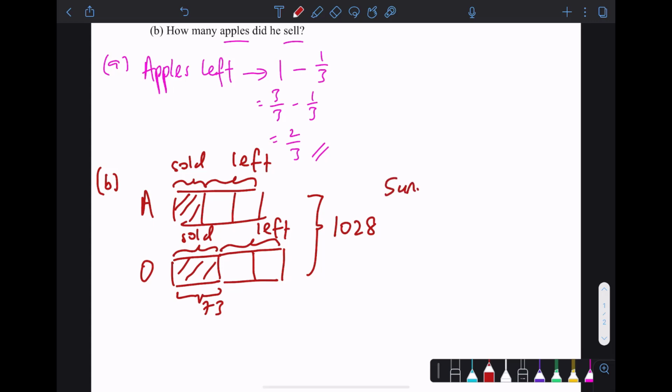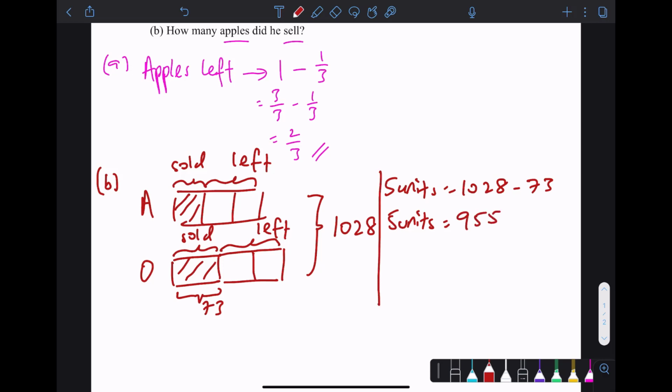So 5 units will be equal to 1028 minus 73, 955 fruits. Okay, so we can find that 1 unit, which is just 955, divide this by 5.